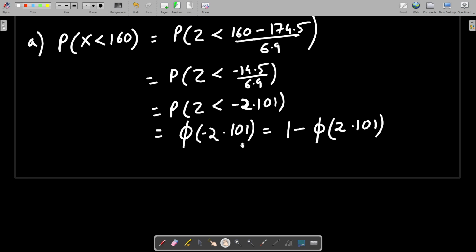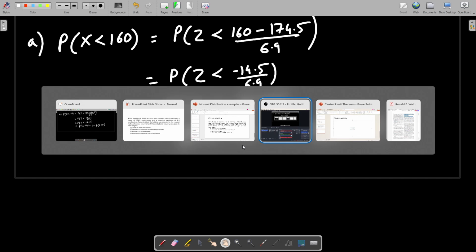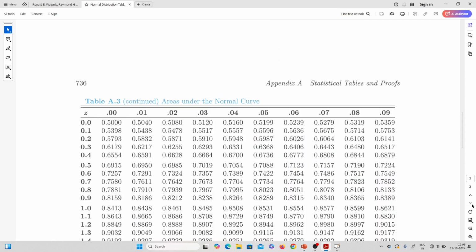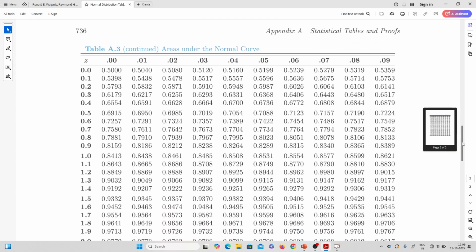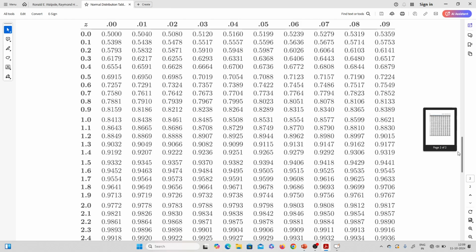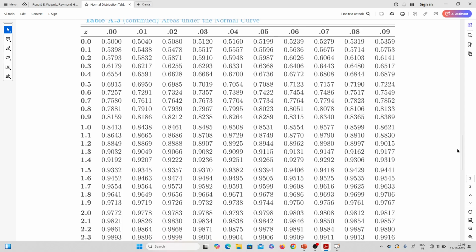Okay, now let us go to the table. I'll have to open the table. Okay, so this is the table here. We want for minus 2.101. So we can round it off to 2.10. Okay, 2.101 we won't get on the table. So 2.10 is this number, 0.9821.